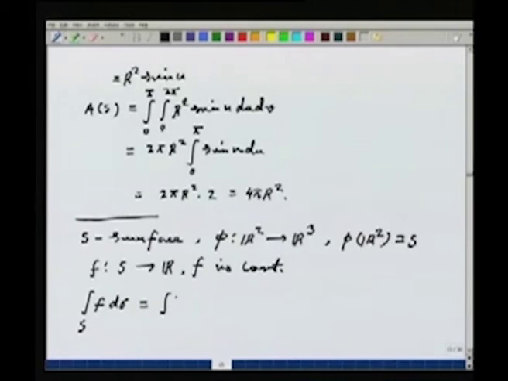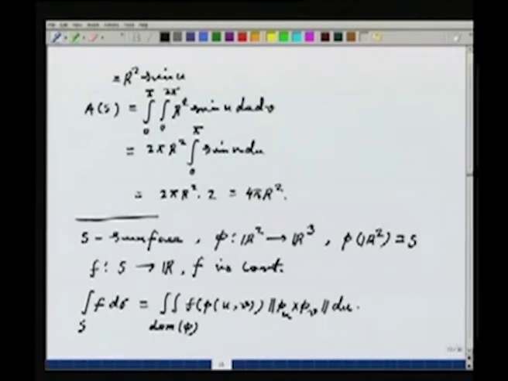Its meaning is the double integral over domain of phi f of phi uv, then the area of the infinitesimal small rectangle, that is norm of phi u cross phi v, then du dv. Okay. This is what I mean by the integral of a function over a surface.